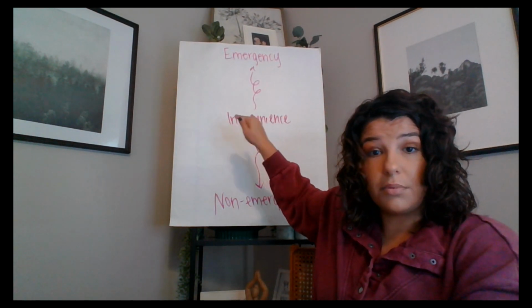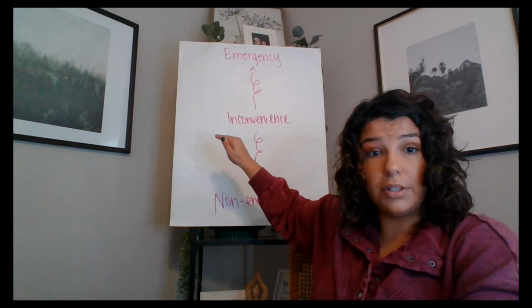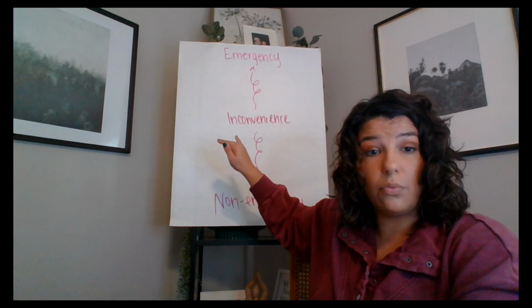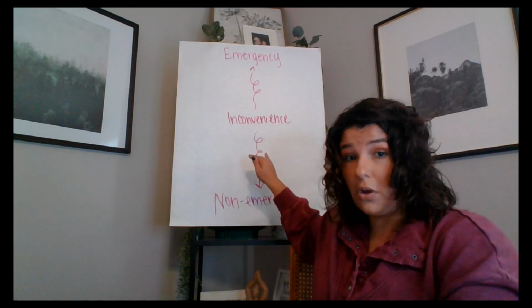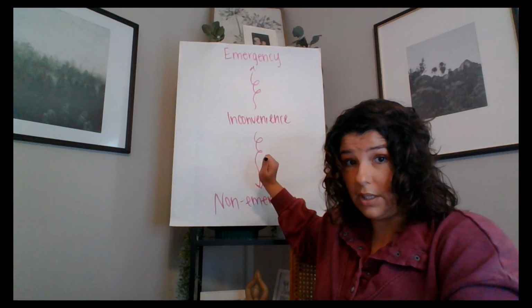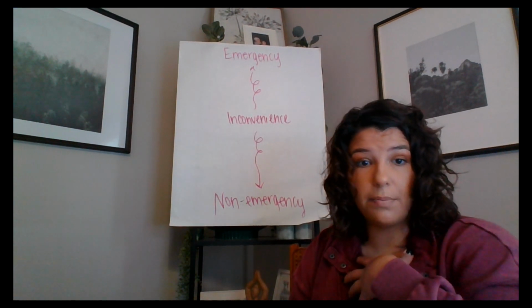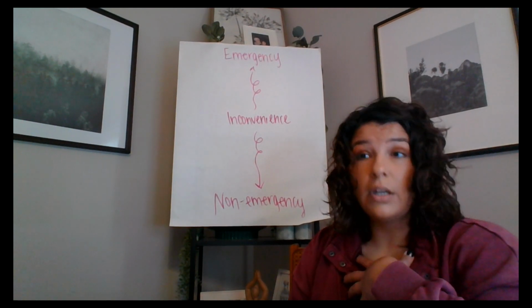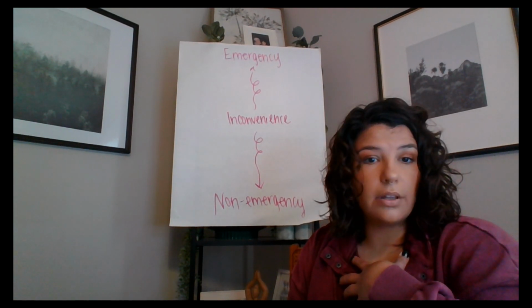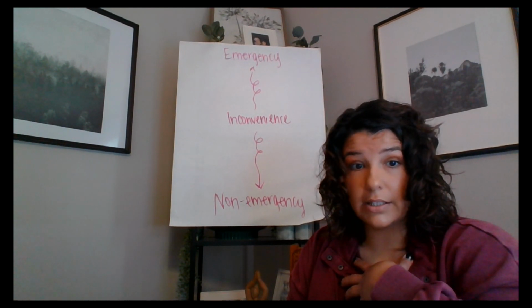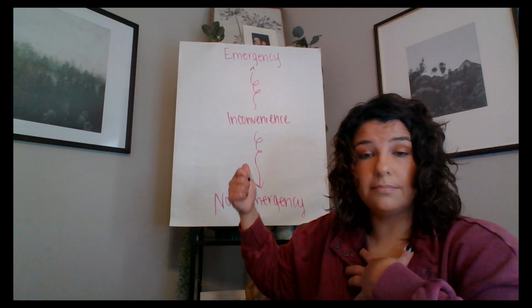An inconvenience is something that bothers us, that temporarily throws us off of our groove, that we need to be a problem solver and solve the problem of our inconvenience. In an emergency, that is not an option. We are incapacitated. We need help. We do not have the skills that are necessary. All of those things, emergency.